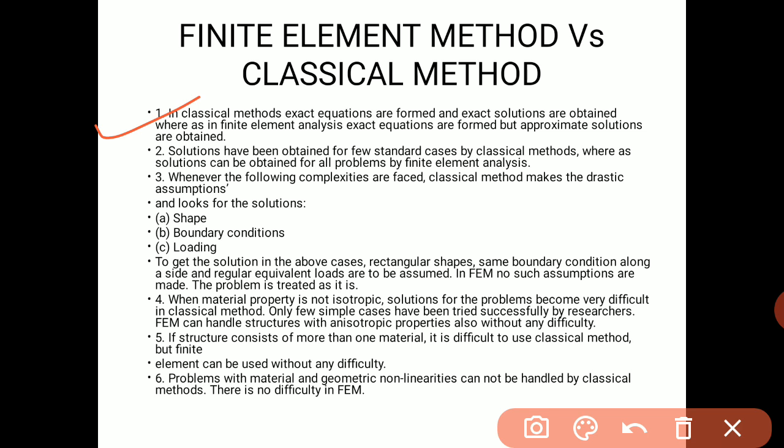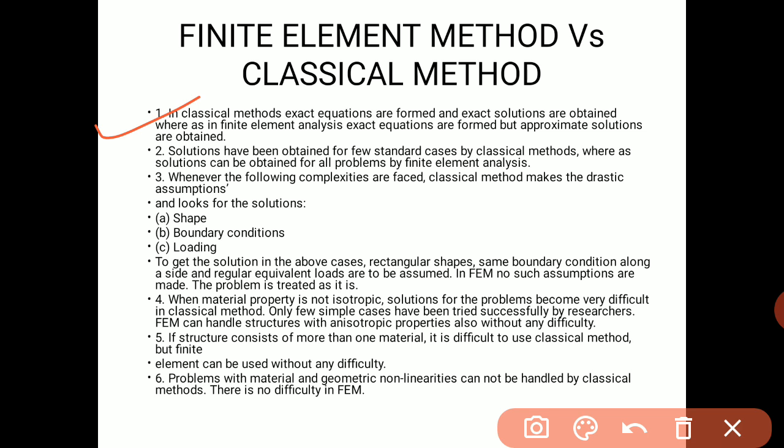But if the structure is not isotropic, solutions become very difficult in the classical method. Few simple cases have been tried successfully by researchers, and the finite element method can analyze all with isotropic and anisotropic properties without any difficulty. So this is a big advantage of the finite element method.